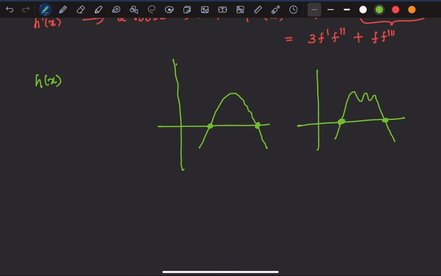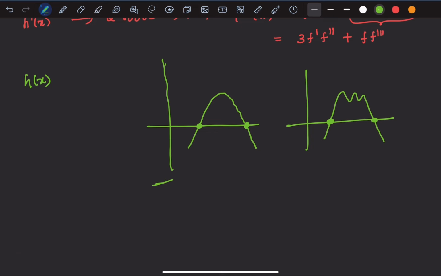In the first case, there is only one turning point, and the x coordinate of this particular turning point will be the root of h dash of x. Similarly, there are 1, 2, 3, 4, 5 turning points, so the x coordinates of all these turning points will be the roots or zeros of h dash of x.